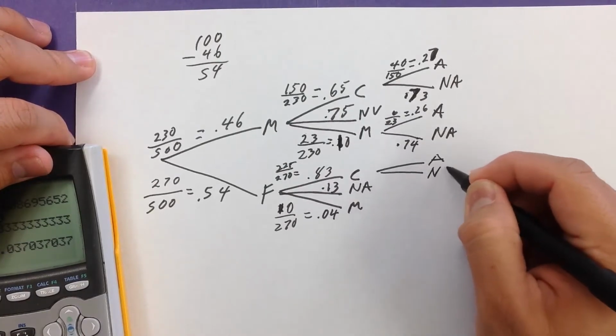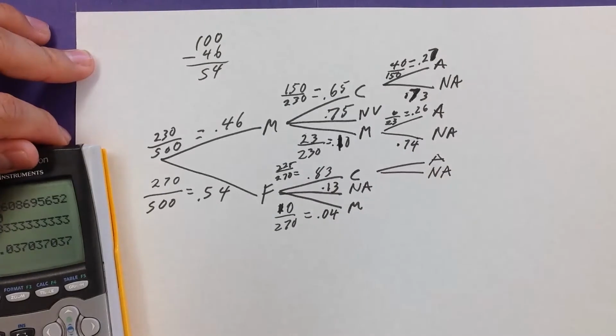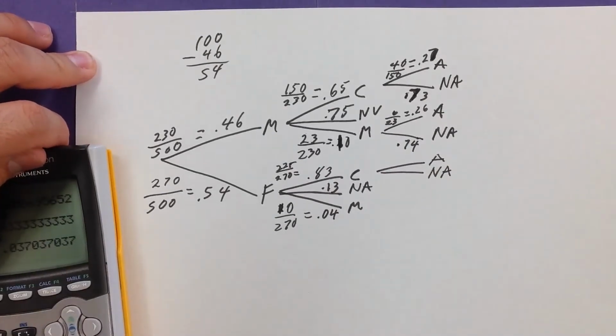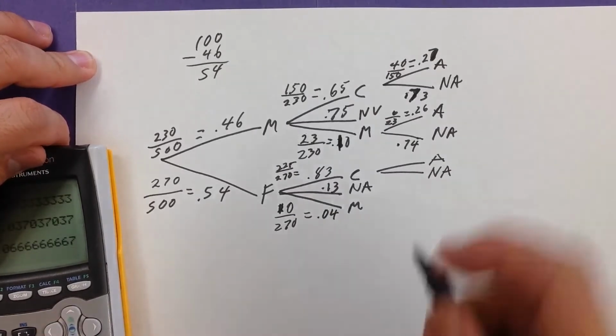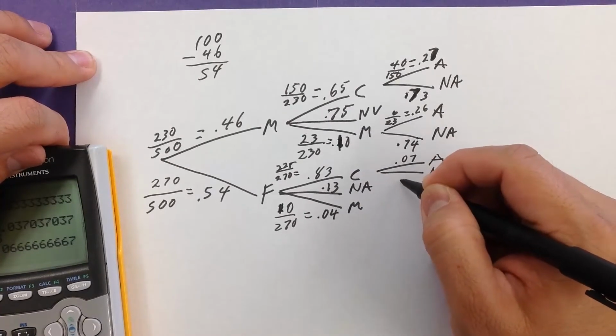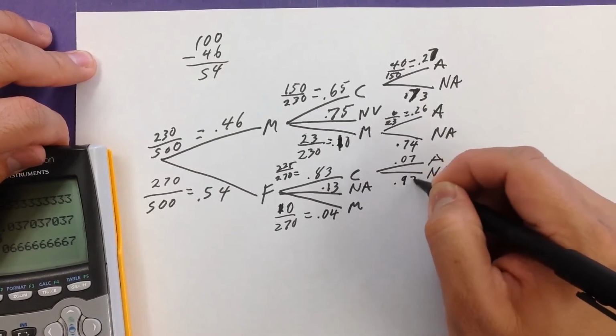We have accidents, no accidents. So out of the 225 cars, 15 females got into an accident, so that's 0.07. So subtract that from 100, that's going to be 0.93.